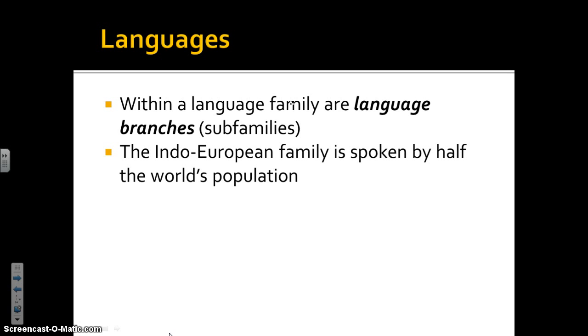It comes from Indo, meaning India, and European, obviously Europe. So it covers a lot of languages that have branched out since then, and covers the geography between those two areas. That is roughly half of the world's linguistic family.